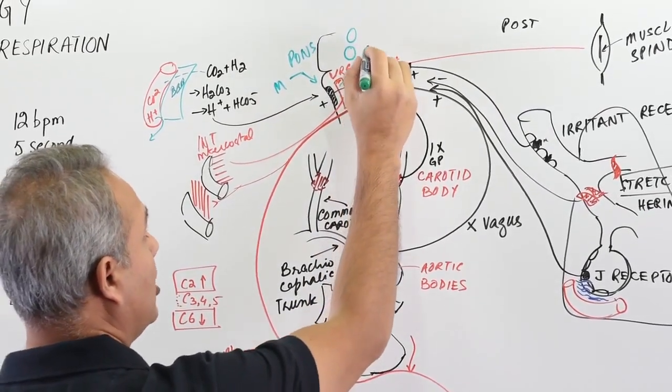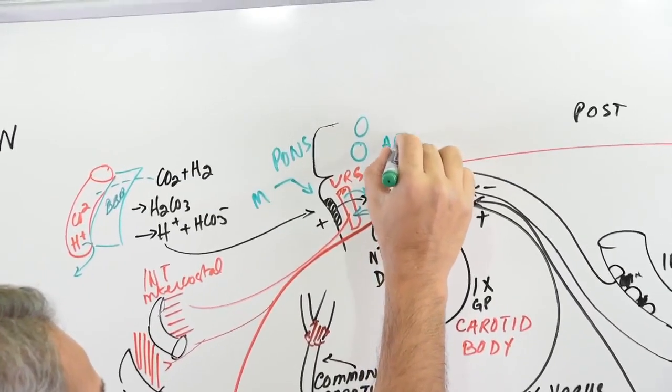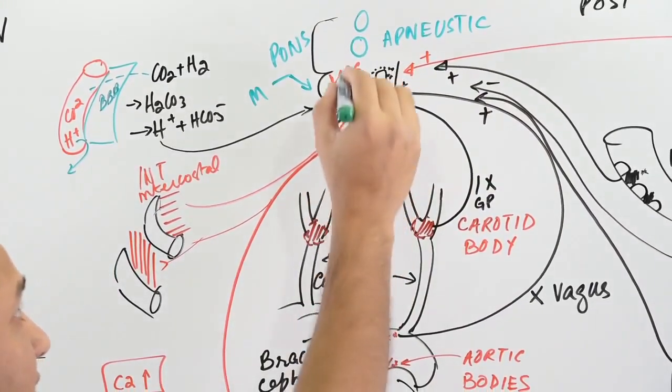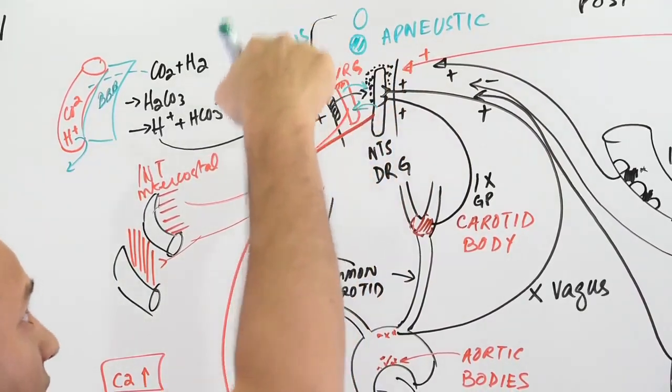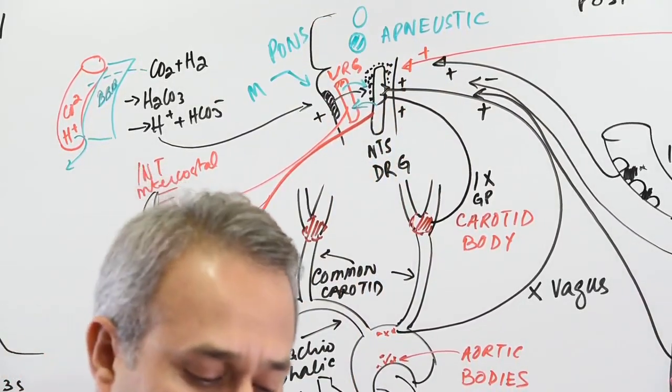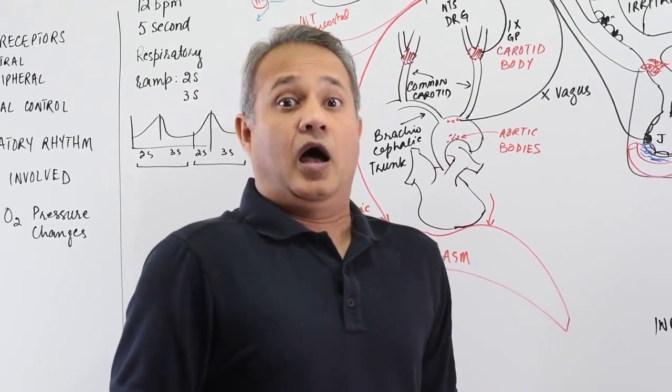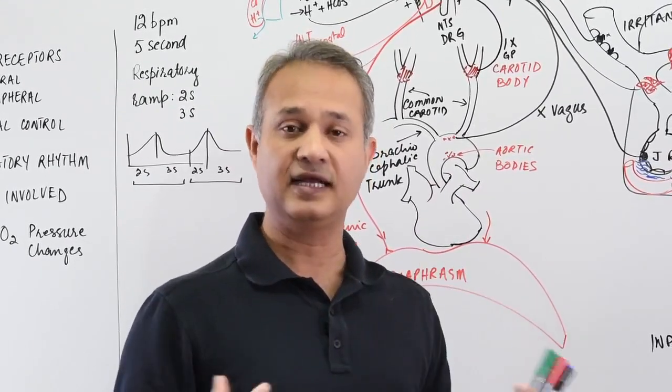One center is called the apneustic center. The apneustic center is in the caudal pons. And what does apneusis mean? Apneusis means deep breath, deep gasp. That is apneusis.